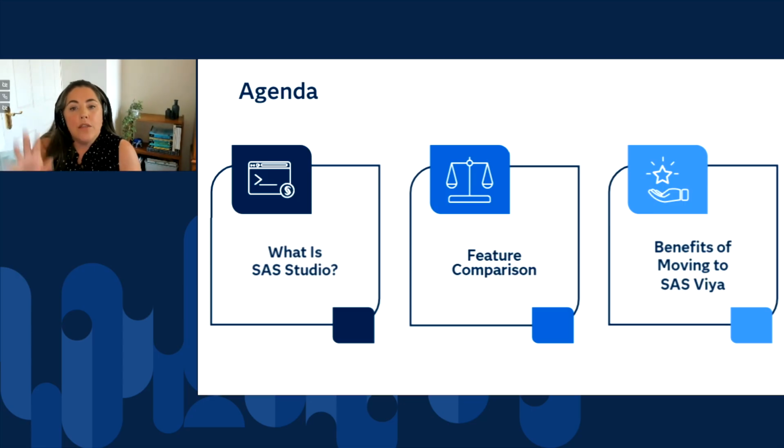Then we'll explore in more detail a comparison of them both. I'm just going to use slides for that, and then finish with a summary of the key benefits of moving to SAS Viya. So not just about SAS Studio, about SAS Viya too. Excellent. As Tiago said, there'll be time for questions at the end. But you can add them to the Q&A as you're going along as well. Okay, fabulous. I think that was everything.